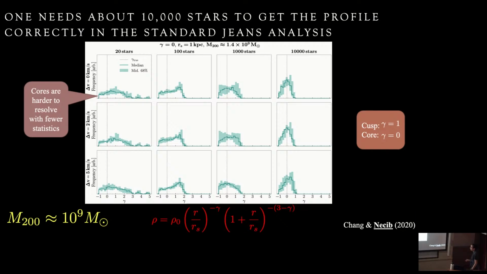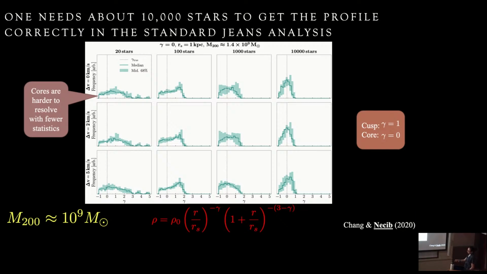So if you're looking at a 10^9 solar mass galaxy and you're fitting it with that generalized NFW where a cusp is 1 and a core is 0, we look here for 20, 100, 1,000, and 10,000 stars per galaxy, again in these idealized situations. And the rows here are for the measurement errors of 0, 2, or 5 kilometers a second.